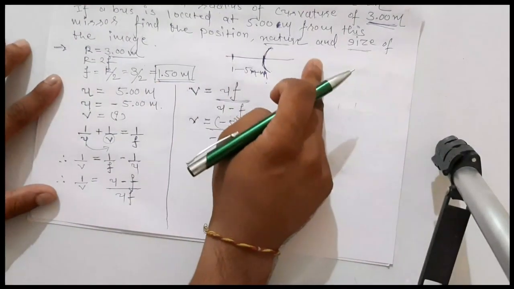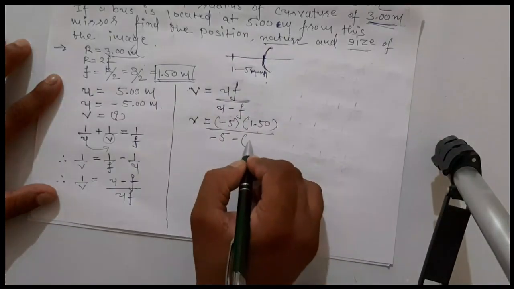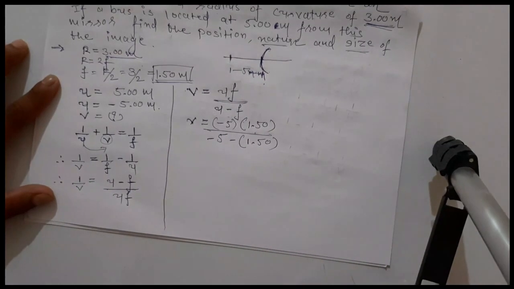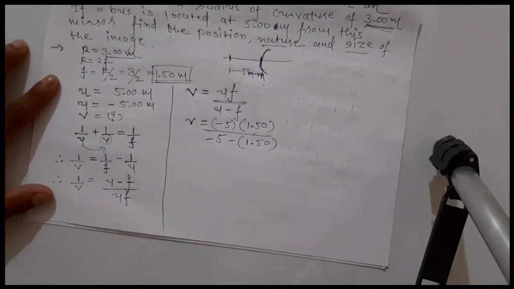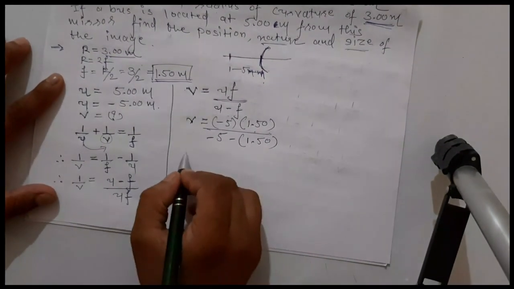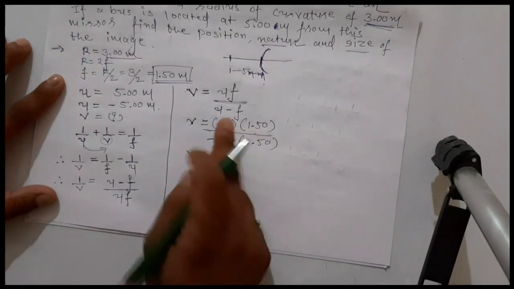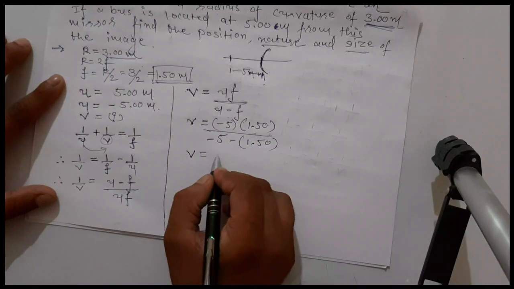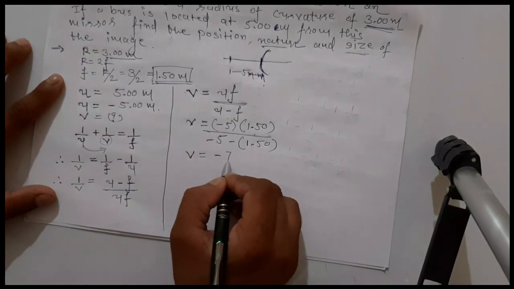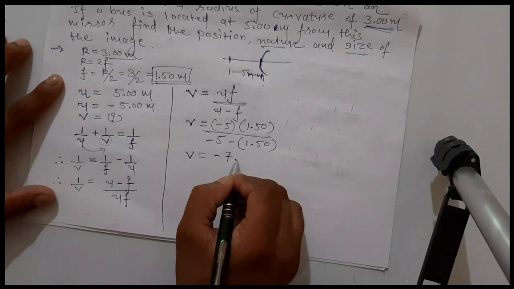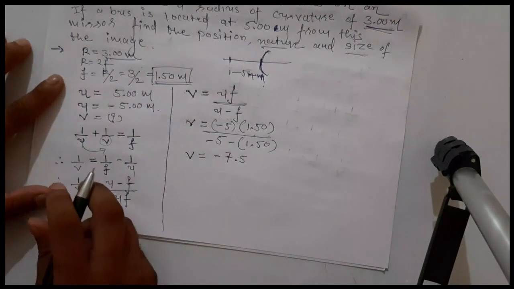It is on the right side, okay, so that will be positive only, 1.5 meter. Now just do the calculation. What are we going to get? v is equal to 1.5 into 5, and that is negatively signed, so we'll get minus almost 7.5, right?